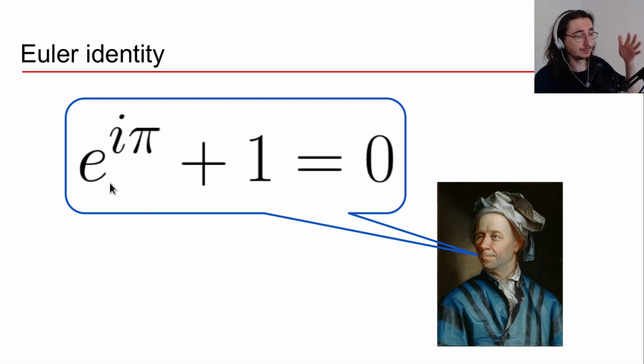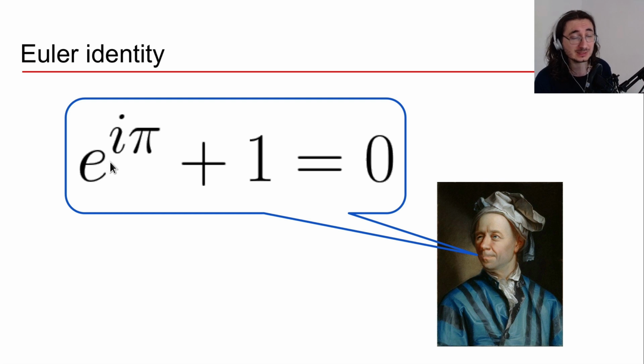It's e to the i times pi plus 1 is equal to 0. So why is it so wonderful? Well, because it has all the fundamental elements of mathematics and symbols. It has 0, it has 1, it has pi, which is so omnipresent in mathematics, it has i, this made up imaginary unit, and it has e. So this is just wonderful.